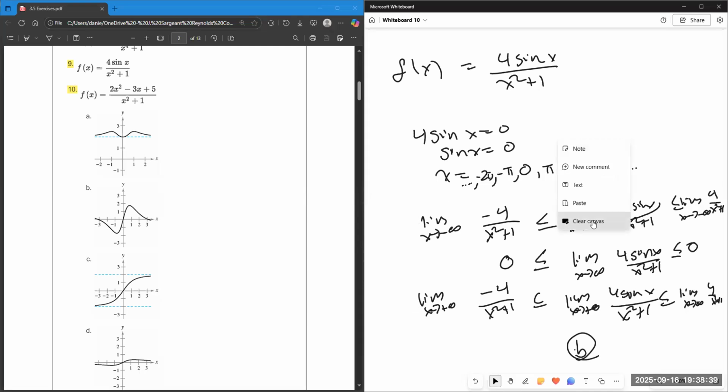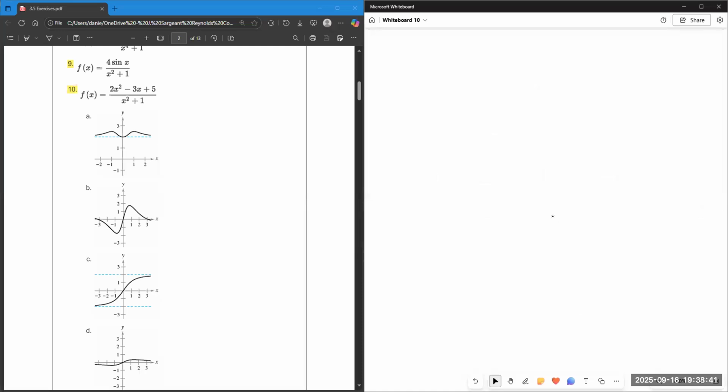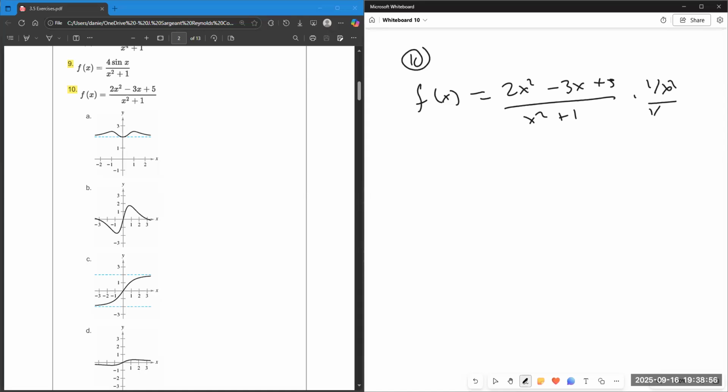Let's wrap up this little part of matching here with number 10. F of x is equal to 2x squared minus 3x plus 5 over x squared plus 1. So again, multiply by 1 over x squared, top and bottom. So f of x is equal to 2 minus 3 over x plus 5 over x squared over 1 plus 1 over x squared.